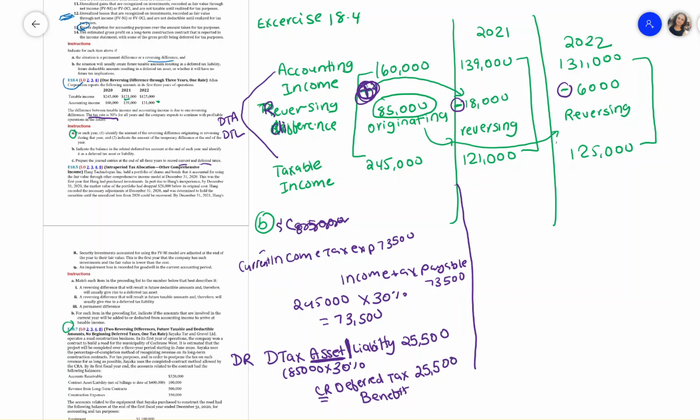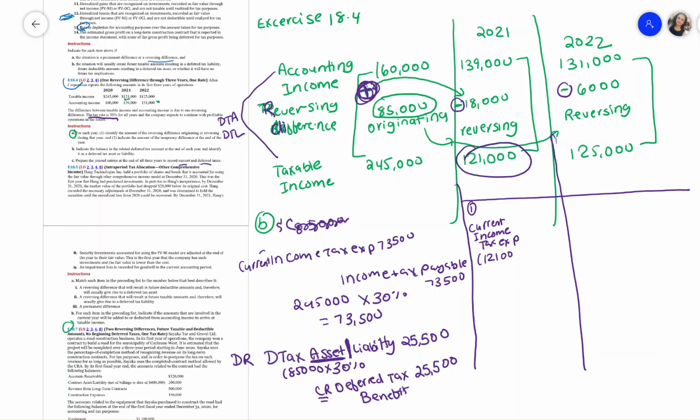So let's do the entry for the year 2021, and then we'll do the entry for the year 2022. The first entry is for the income tax payable. So you're going to debit your current income tax expense. And how do we calculate that? You take your taxable income. In this case, my taxable income is 121,000. The rate is the same for each year.